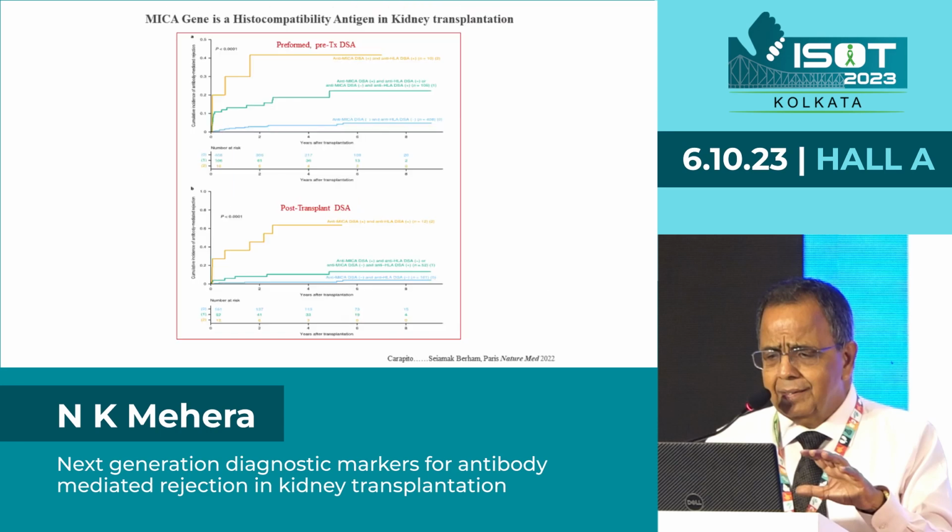And this is another study which came from a group in France last year, indicating the same thing, that with the preformed pre-transplant DSA as well as the post-transplant DSA, if the DSA is against both the MIC-A allele as well as the HLA, the graft loss is significant. So there's a significant difference between all of these three groups.